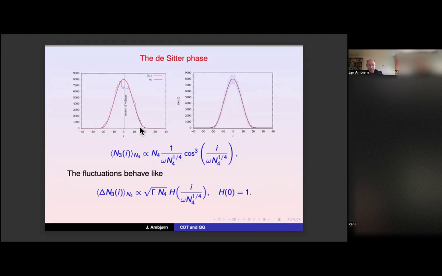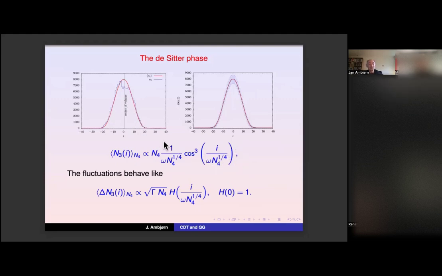And this blob, you see, doesn't really extend all the way out here. In fact, the width of this blob scales like N4 to the 1/4, and similarly the height scales, as you can see here, as N4 to the 3/4. And this is exactly what you would expect if you had a nice four-dimensional geometry, then the linear dimension would be N4 to the 1/4.